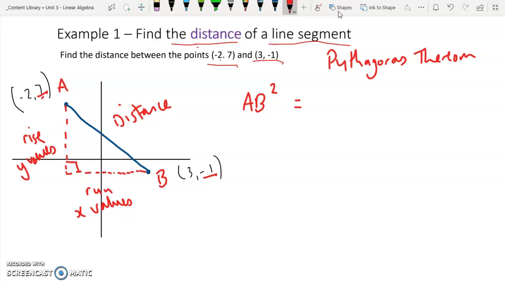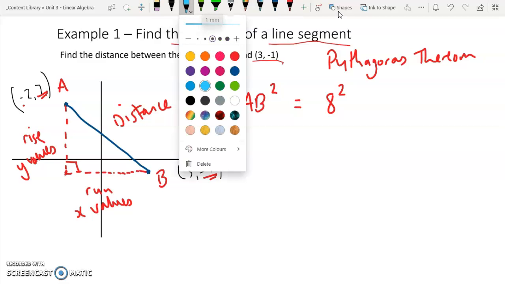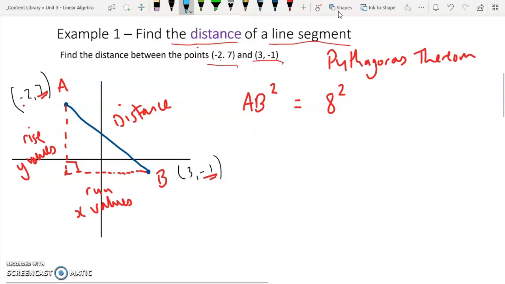We went from 7 to -1, so that's 8, plus the run squared, which goes from -2 to 3, which is 5.